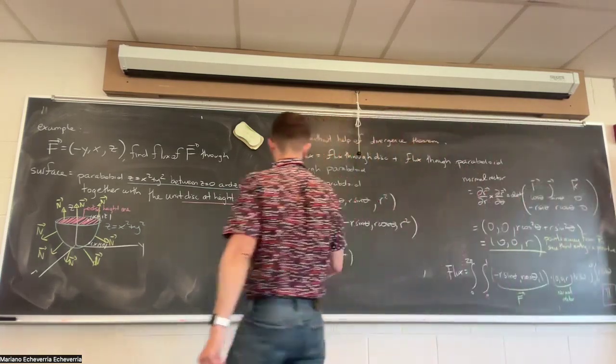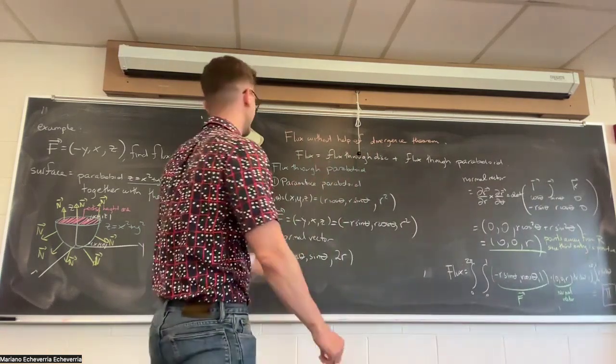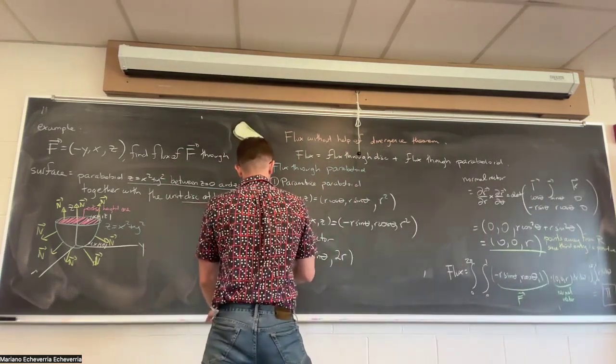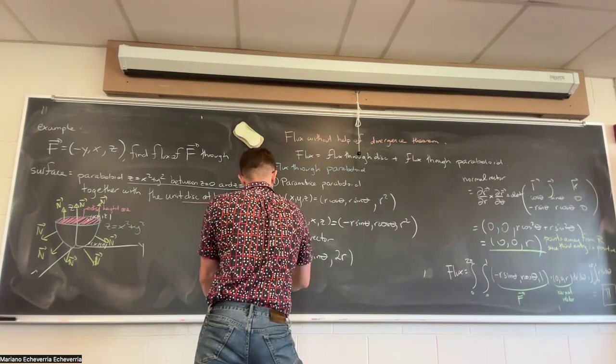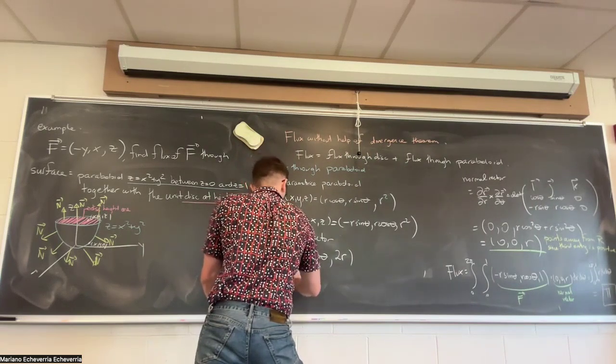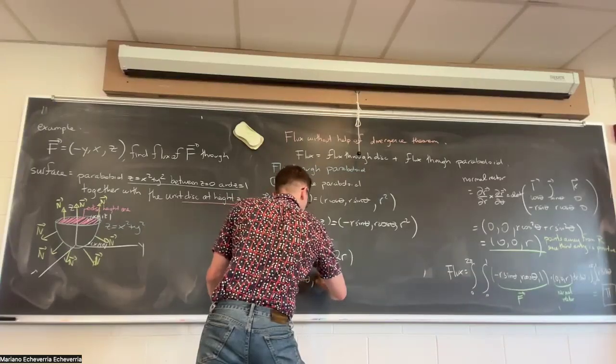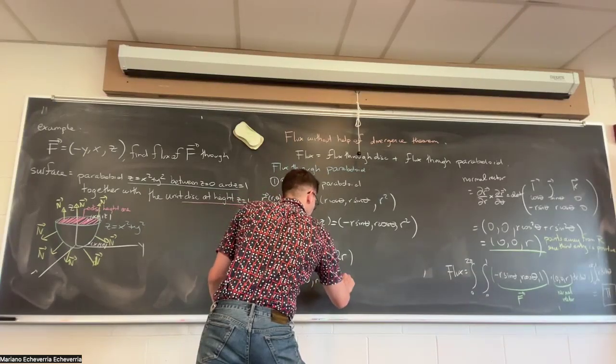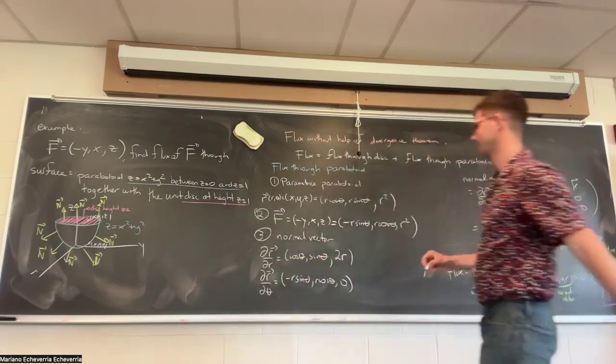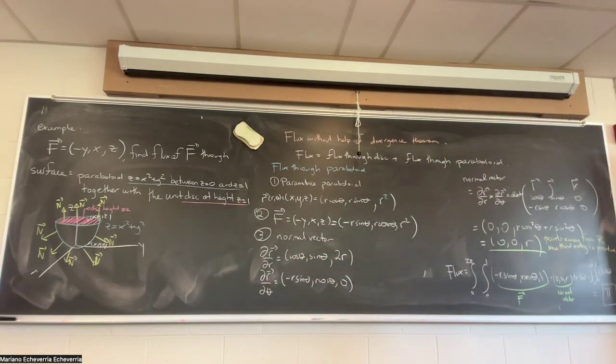I'll use the same layout because it's almost exactly the same, but a bit more tricky. And then you have to do this with respect to theta as well. That's minus r sine of theta, r cosine of theta, 0. Okay, so those are the new vectors that you have to use in the cross product.